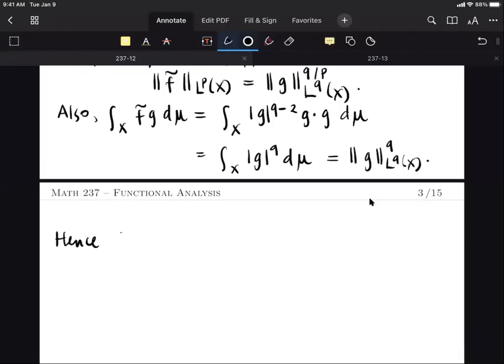With these two identities, we now have the following. Let's start with the right-hand side of the desired equation.